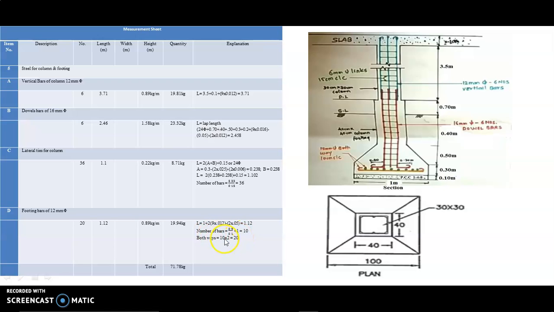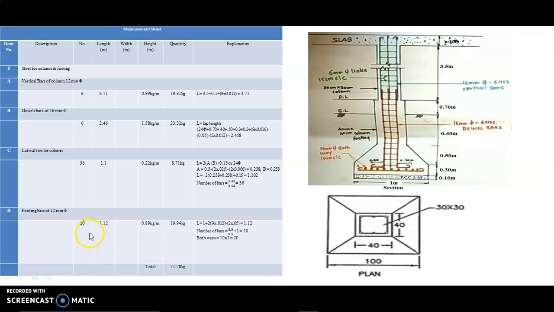Now we have to find the number of bars. The number of bars is 0.9 divided by 0.1 plus 1, which is equal to 10. So we find 10 bars for this side, but we have to provide bars in the other direction also, and here both ways are given at 10 centimeter center to center distance. So we multiply 10 into 2 and get 20 bars as footing bars.